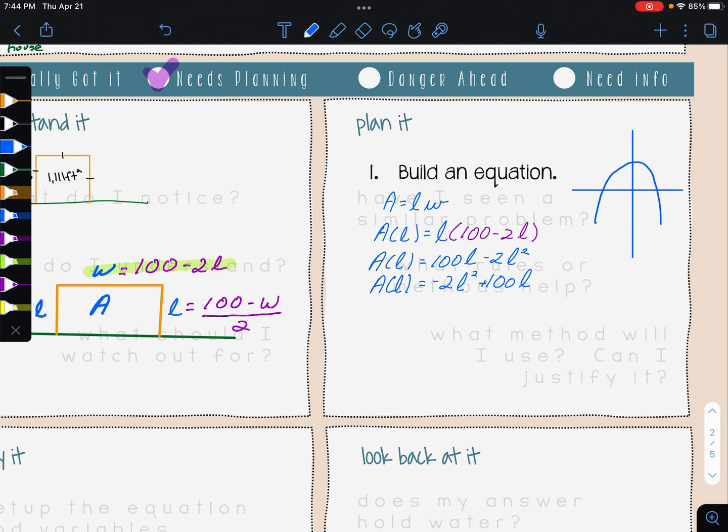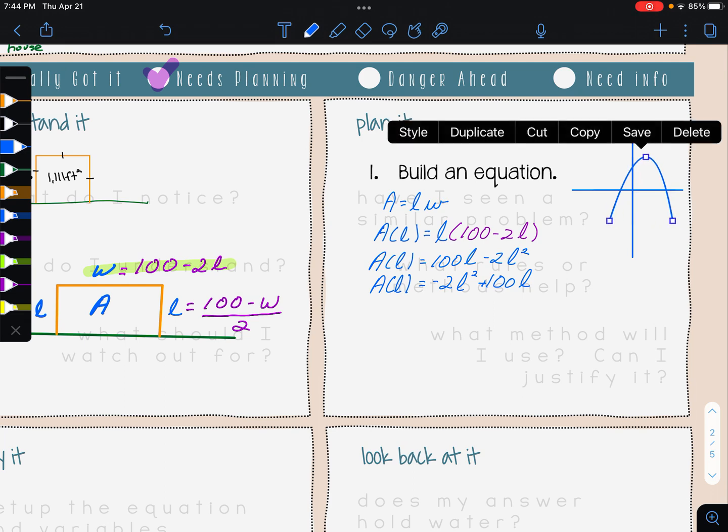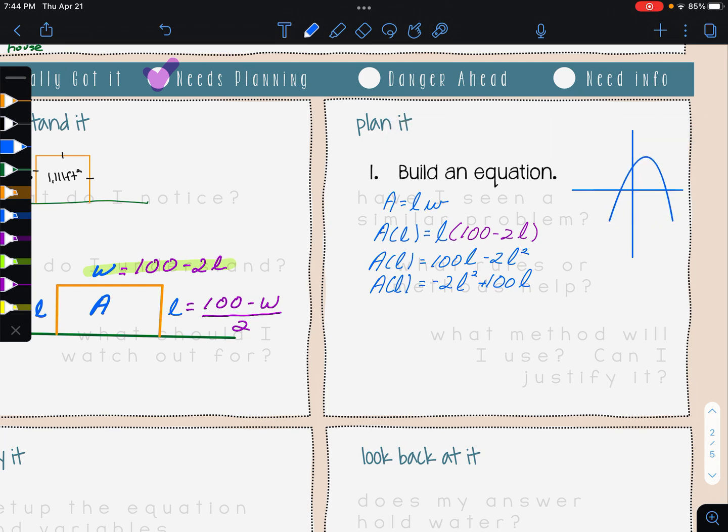So let's just draw a little picture to help us think this out. In fact, let's move it over a little so that we don't confuse ourselves. We don't exactly know where that vertex is going to fall, but let me put a little dot where that vertex would be, right there.